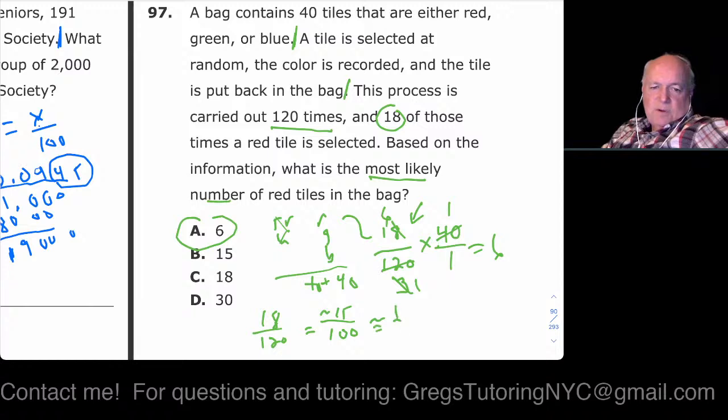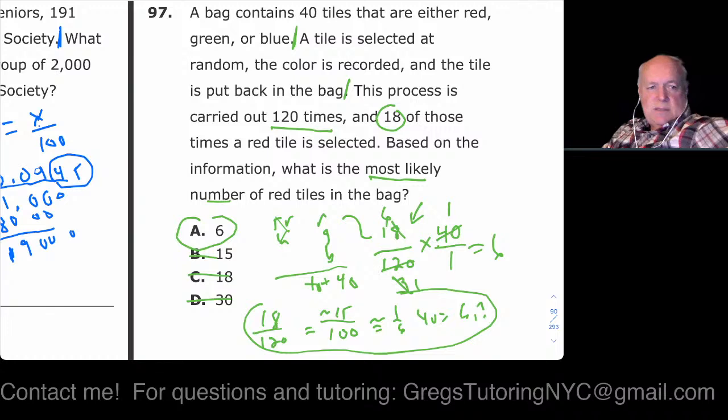And a sixth of 40 is about 6 point something. So that pretty much rules out the D, the C, and the B. So this little quickie here can be our sanity check. All right, so that's not too bad a deal.